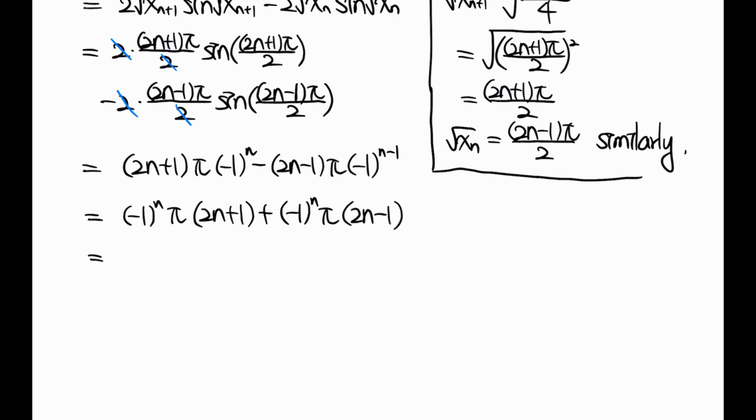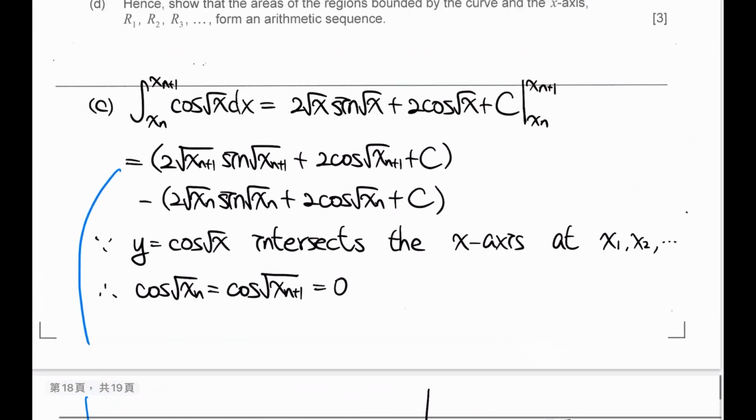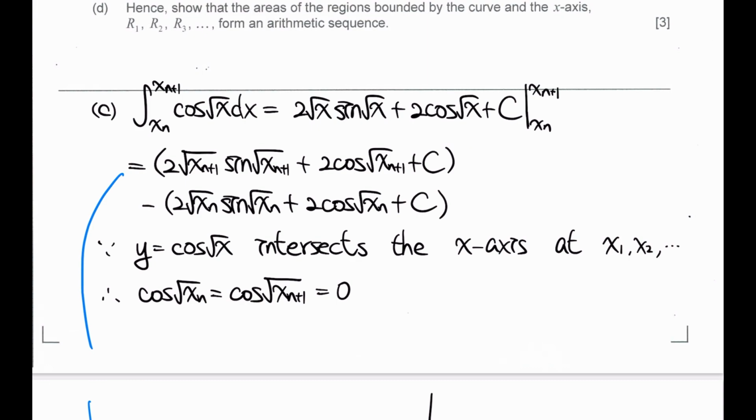The common factor is negative 1 to the nth power pi, and what is left is 2n plus 1 plus 2n minus 1. So it is equal to negative 1 to the nth power pi times 4n, which is 4n negative 1 to the nth power pi. So this is the definite integral of cosine square root x from xn to xn plus 1.